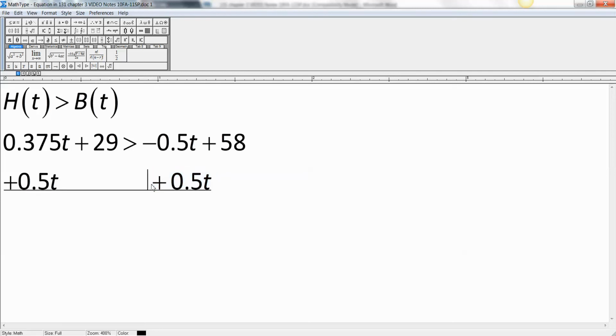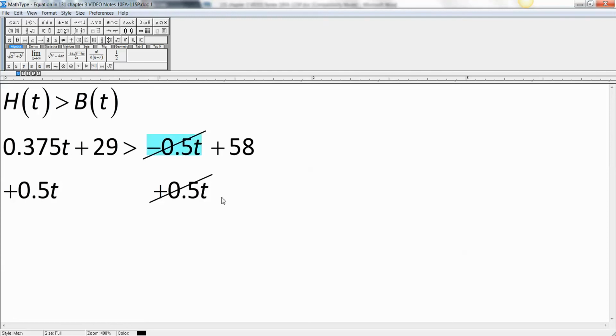Now, on the right-hand side, that's all going to disappear, right? Because that's the reason you're doing it, is to make that go away. So then what does that leave you with? That's 0.875 t plus 29 greater than 58.